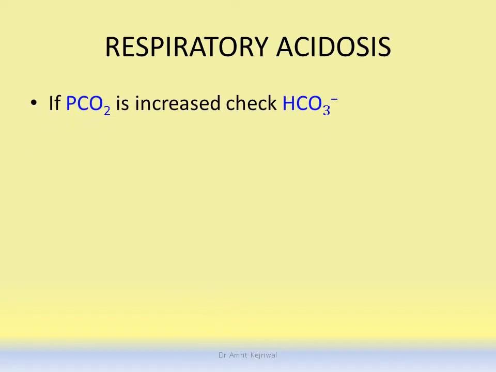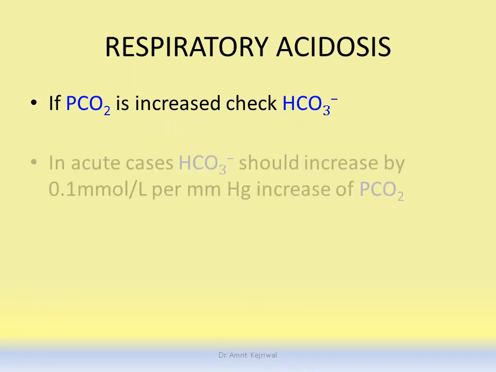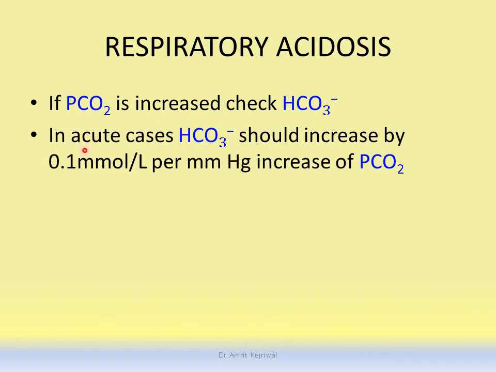Coming to respiratory acidosis, if PCO2 is increased, check bicarb. In acute cases, bicarb should increase by 0.1 millimole per mmHg increase of PCO2. In arterial blood gases, the normal PCO2 is around 40 mmHg. So if it increases by 10, that is 50 mmHg, in acute cases the bicarb should increase by 1.